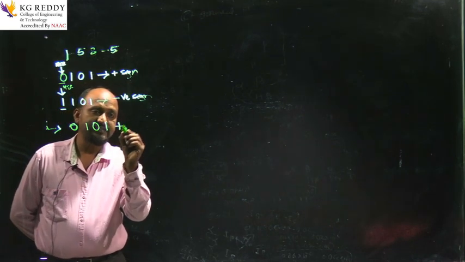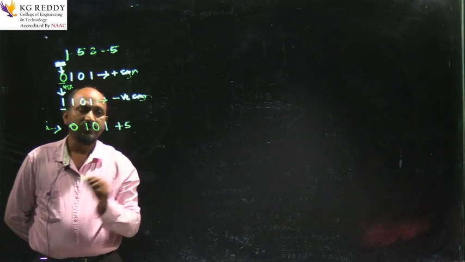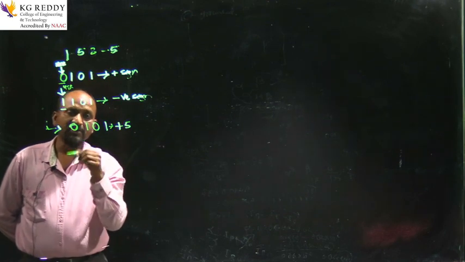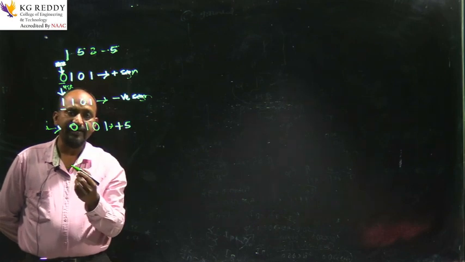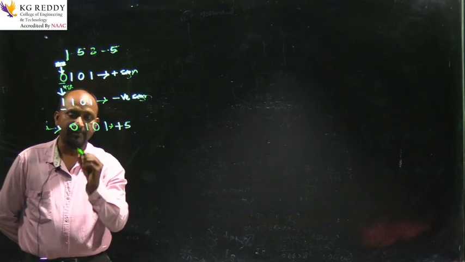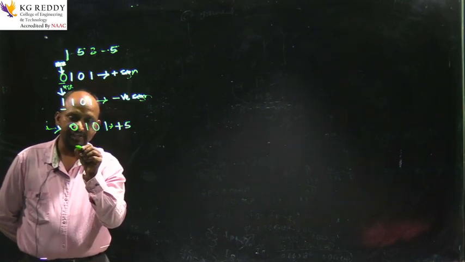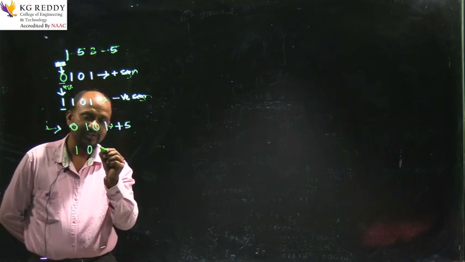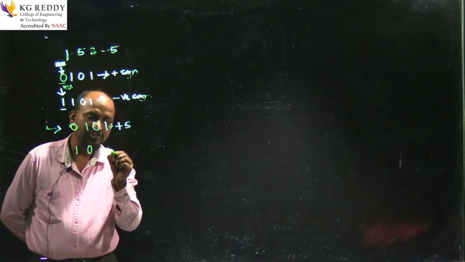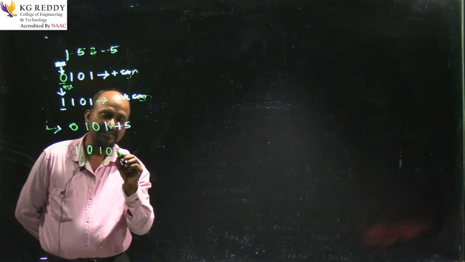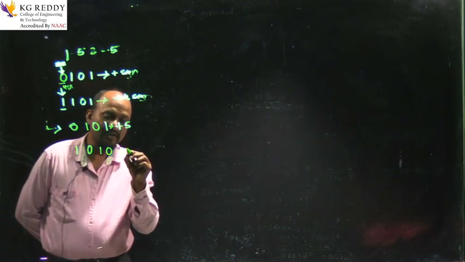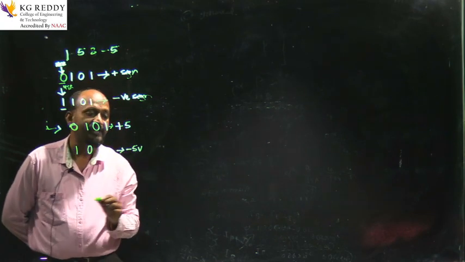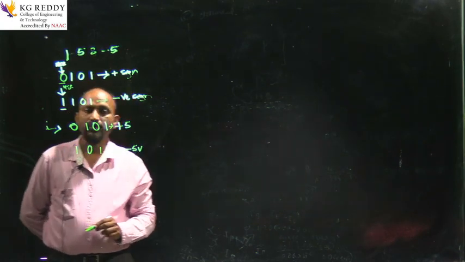The complement of positive 5 is the negative, the one's complement. So 0 changes to 1, 1 changes to 0, 0 changes to 1, and 1 changes to 0. This is the way of representing the negative, minus 5.